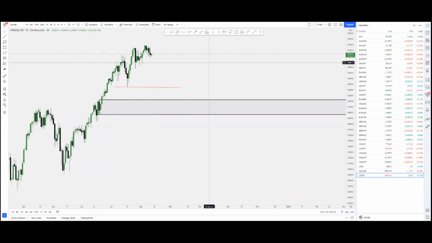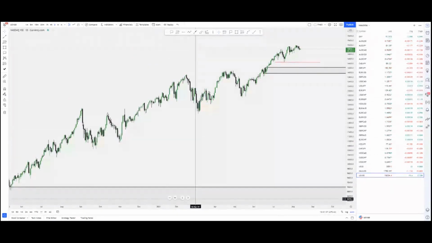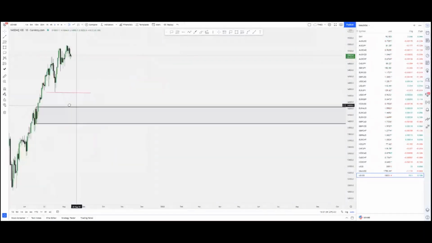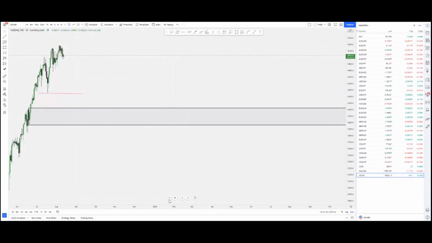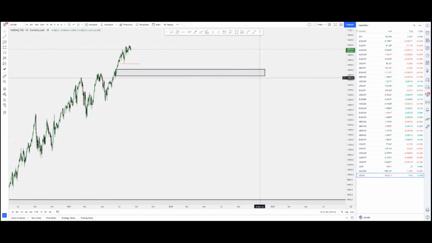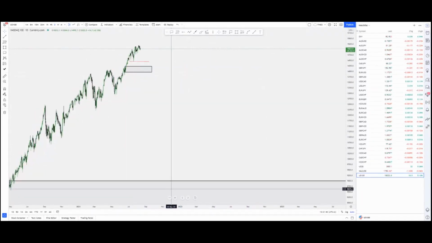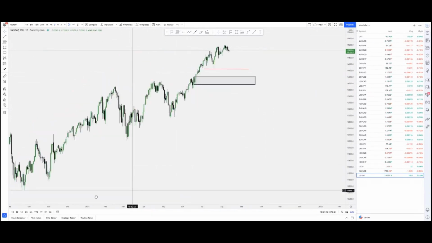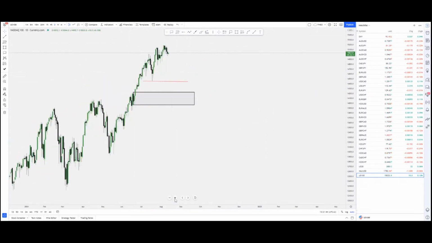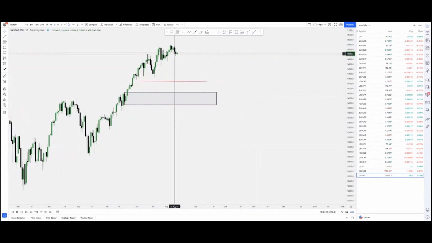Now if we look at price properly from the daily time frame, we can see that price is giving some sort of price divergence here.